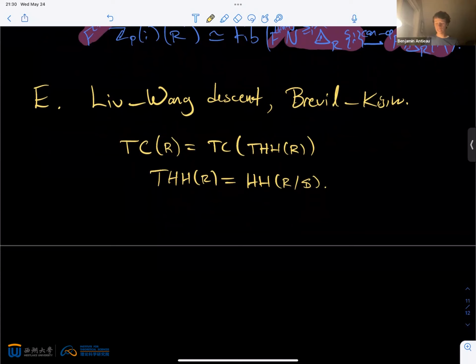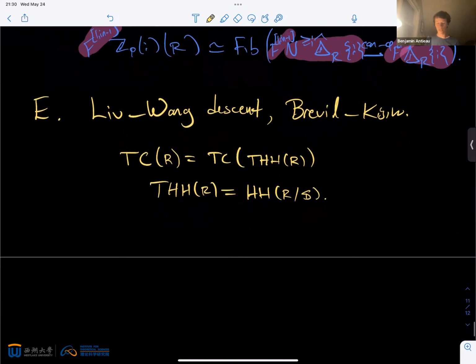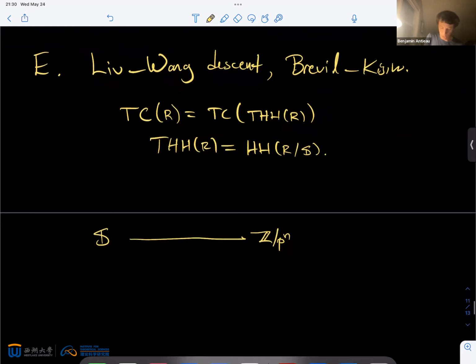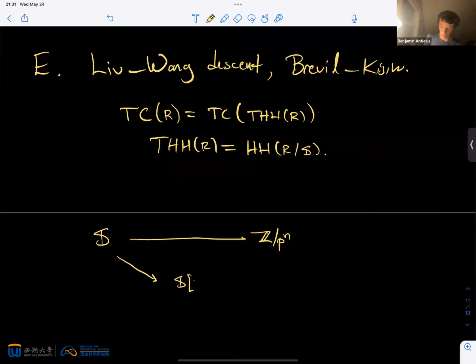And so the basic idea of this Breuil-Kisin descent or this Liu-Wang descent is to do the following. In the case that I'm interested in, Z mod p to the n, I have the unit map from the sphere spectrum, but I also have this map from S adjoin z, a polynomial ring over the sphere spectrum, which sends z to p.